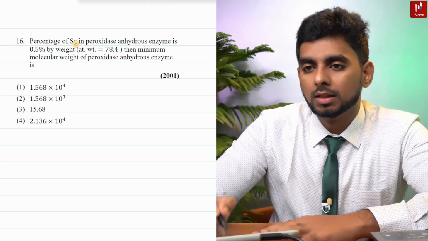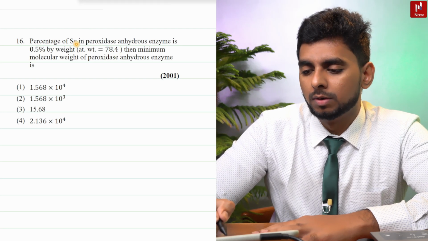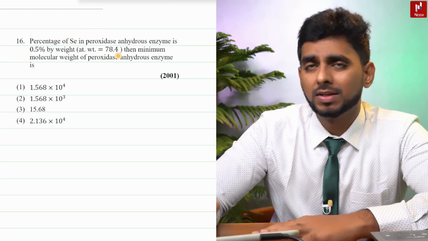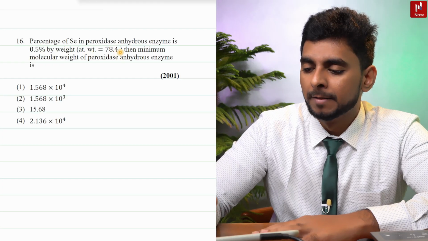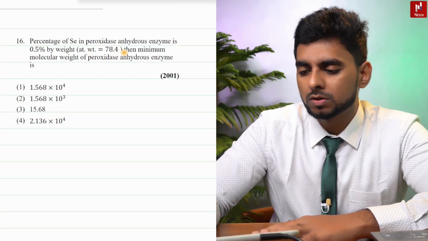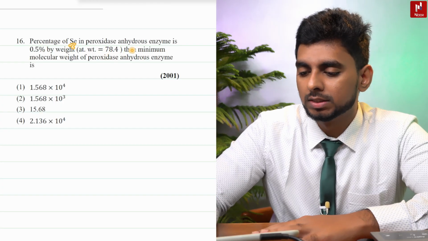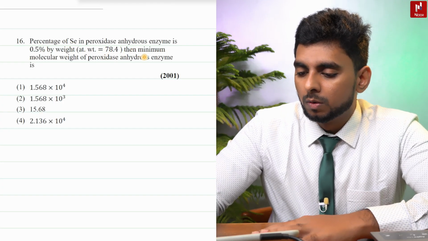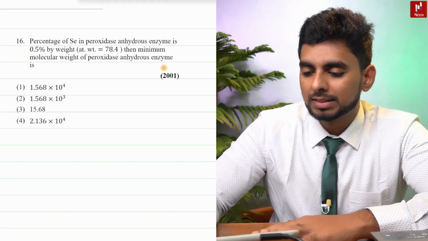So obviously the molar mass of this element will be 78.4 gram, isn't it? They have given us the atomic weight or the mass number. So just plug in gram in front of it, you'll end up getting the molar mass of this element, which is selenium, right? What I need to find is the minimum molecular weight of peroxidase anhydrase enzyme.